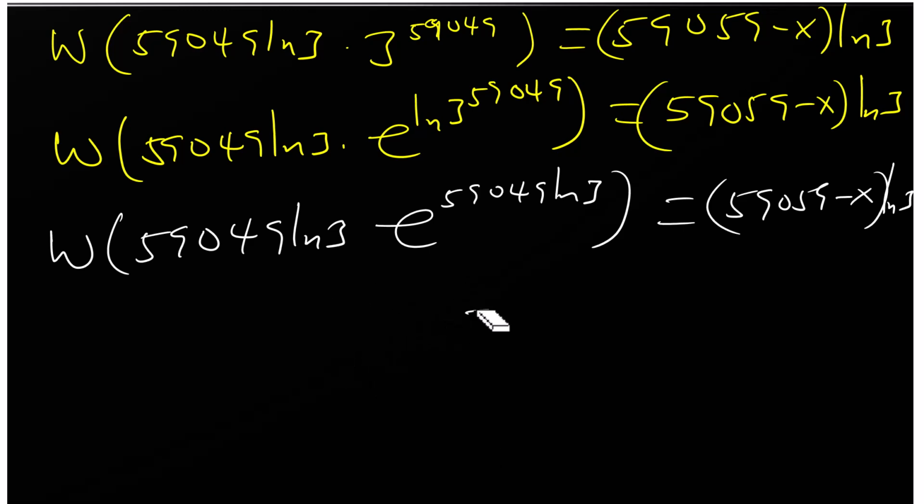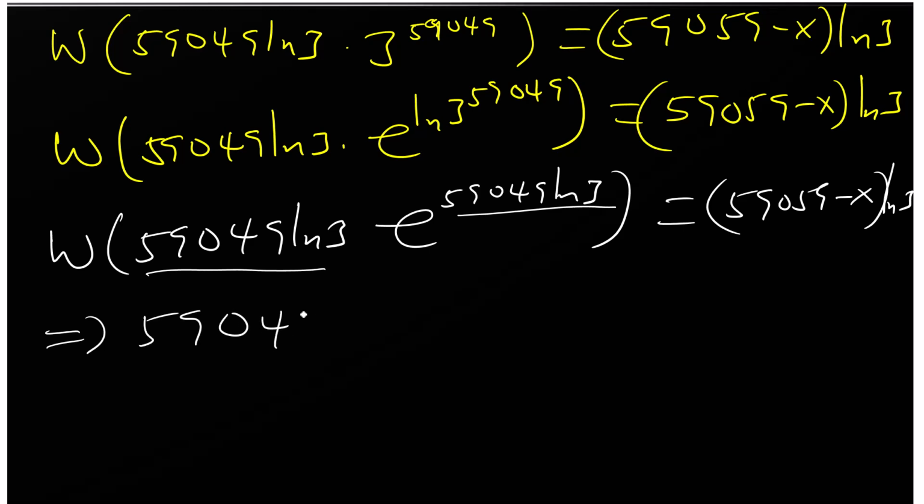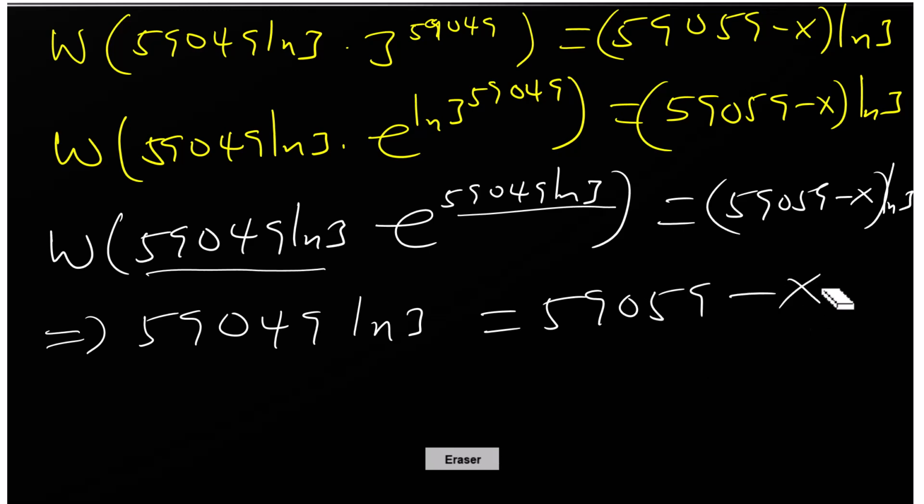Okay, so work the left hand side carefully. You can see that this one equals that. So taking W function of this will give us 59049 ln of 3 equals 59059 minus x ln of 3.